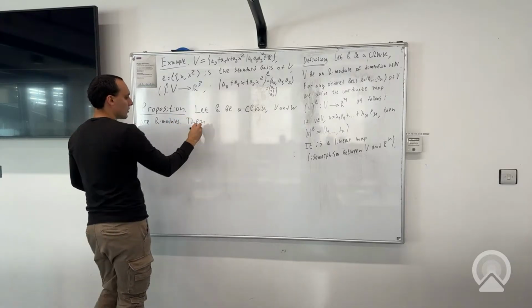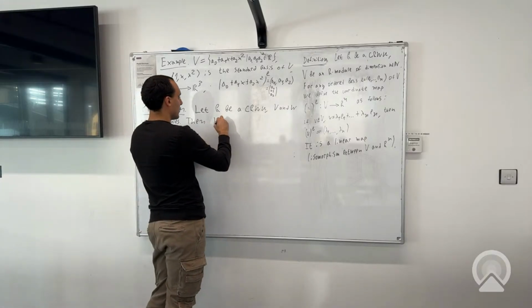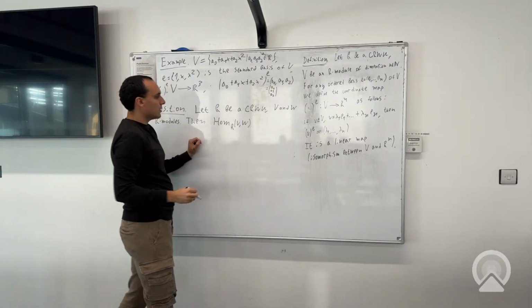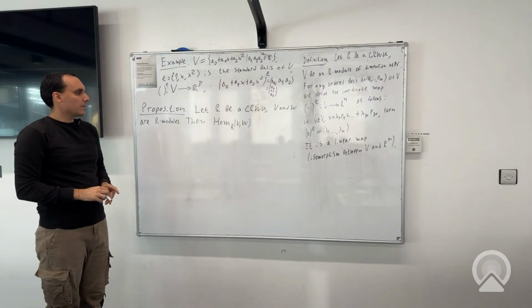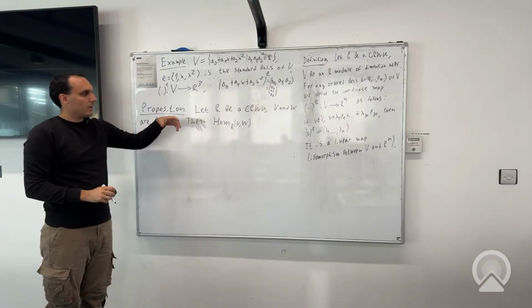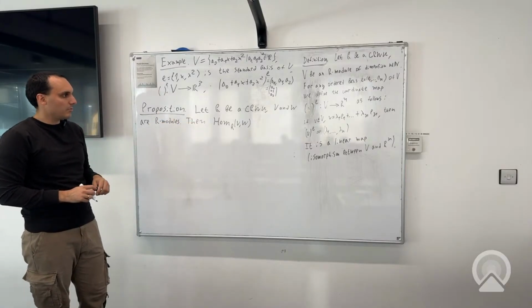Then this space of linear maps is also an R module. It's also a linear space if it was a field.